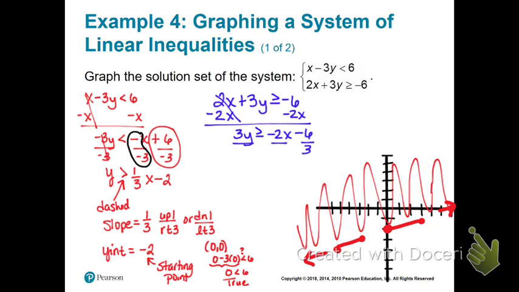Divide everything by the 3. So y, does my sign change? No. So greater than or equal to, I have a negative 2 over 3x, because it didn't reduce, and then negative 6 over 3 is negative 2.